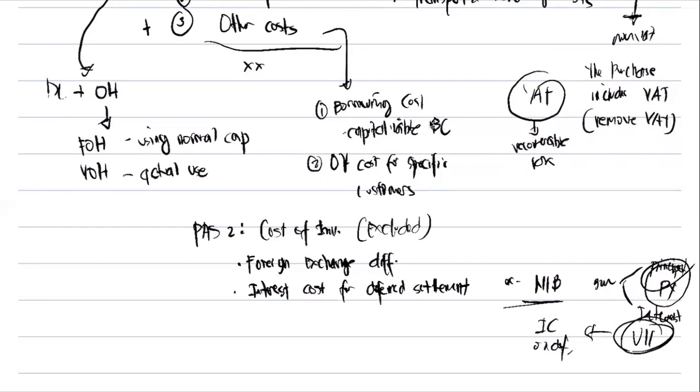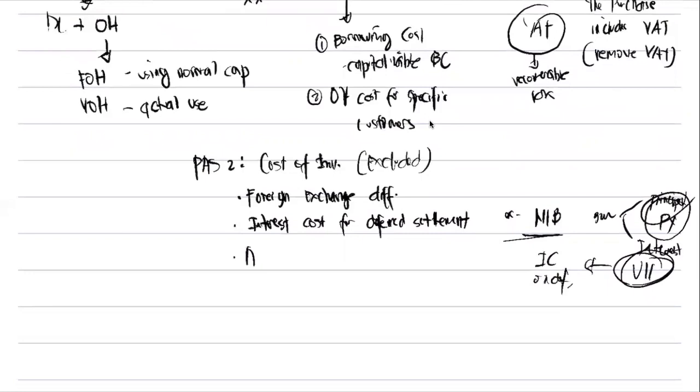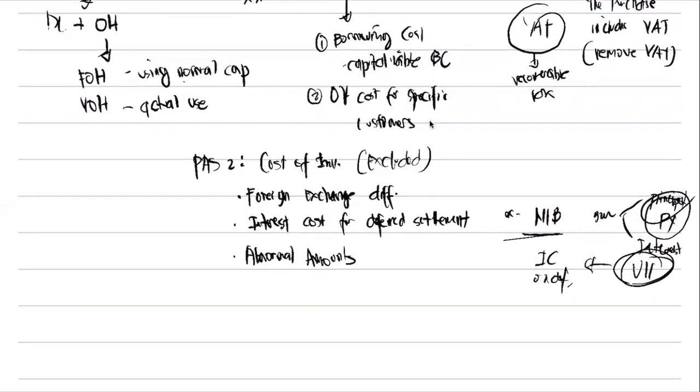Next, we have your abnormal amounts. In case there are abnormal amounts of labor, materials, and other production costs, these are excluded as cost of inventories. So take note, we only use normal capacity. That's why if it's abnormal, do not include.